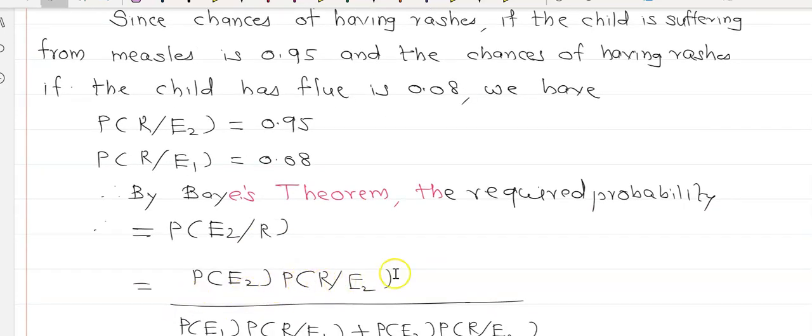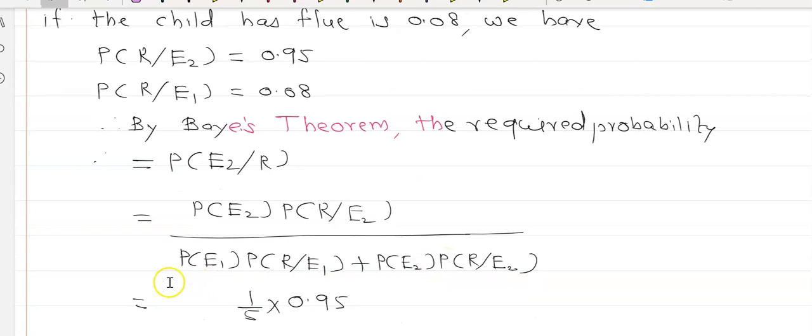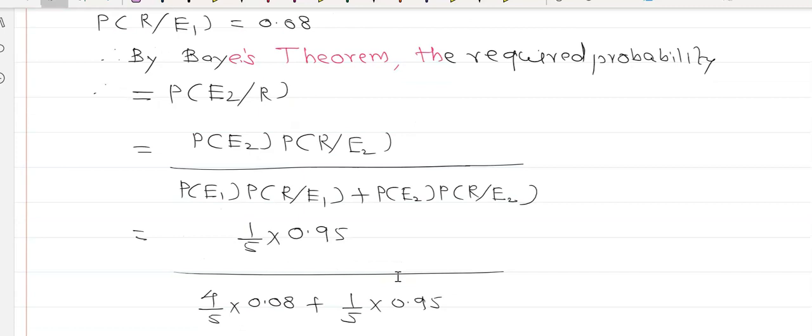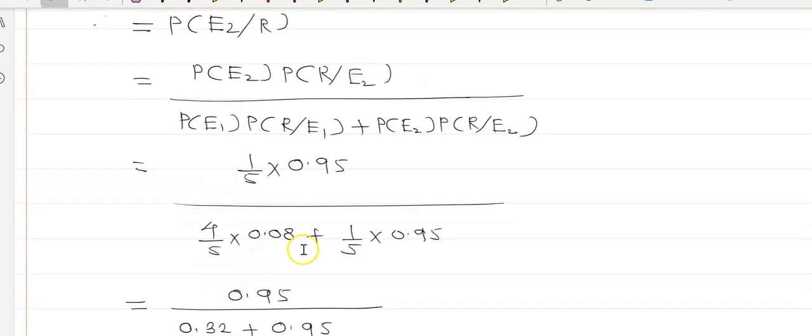By the Bayes theorem, the required probability, that is the probability of E2 conditional R, is equal to probability of E2 into probability of R conditional E2 upon probability of E1 into probability of R conditional E1 plus probability of E2 into probability of R conditional E2. That is 1 by 5 into 0.95 upon 4 by 5 into 0.08 plus 1 by 5 into 0.95.